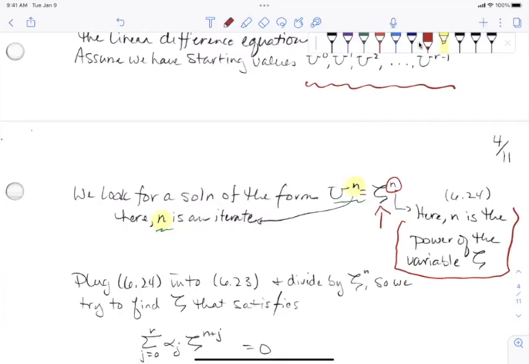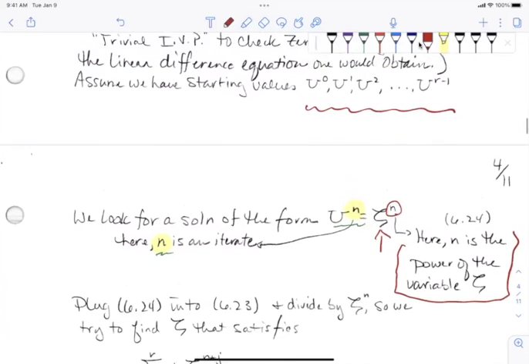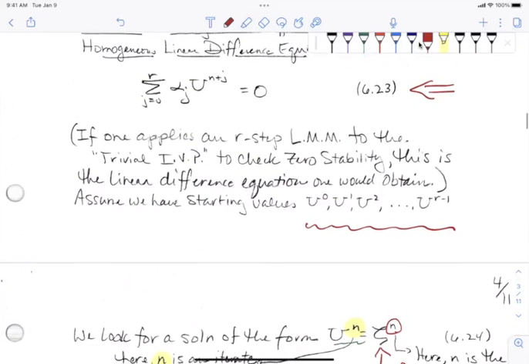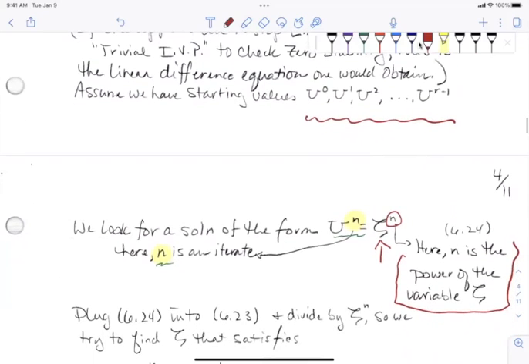Now, let's go back and think about what I just said. I'm looking for a solution of equation 6.23 of the form equation 6.24. Now, whenever you're looking for a solution of a certain form, what do you do?